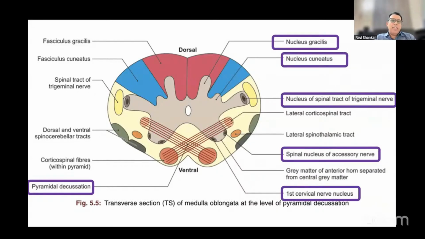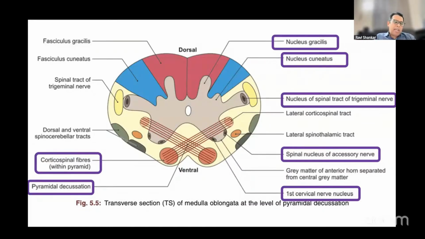If we study the white matter part of the medulla at this level, we see that there are pyramids anteriorly, from which their name has been taken. That is the pyramidal decussation at this level, where the pyramids decussate into the spinal cord arrangement that is seen down below.